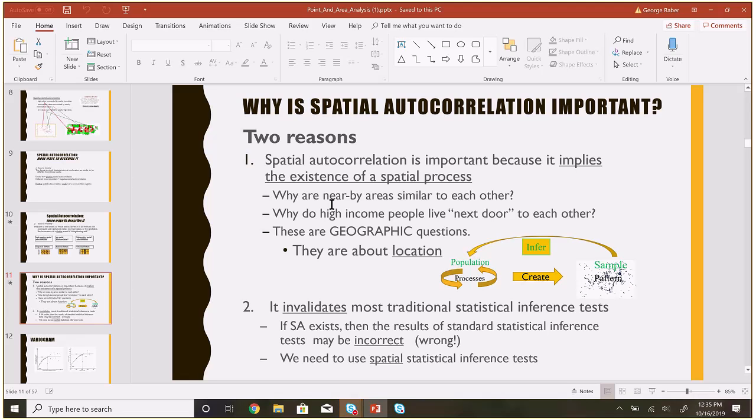Basically, competition effects cause dispersion to occur, and things that benefit from the sharing of resources cause positive spatial autocorrelation. So competition causes negative spatial autocorrelation, and sharing causes positive spatial autocorrelation. Positive will be more closer together in a certain pattern, and the negative will be more spread out.